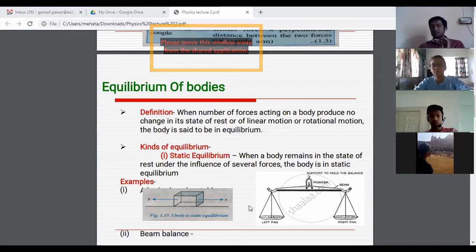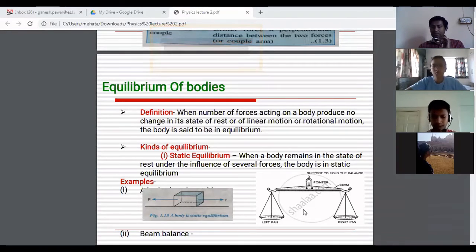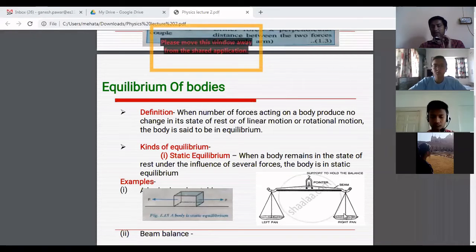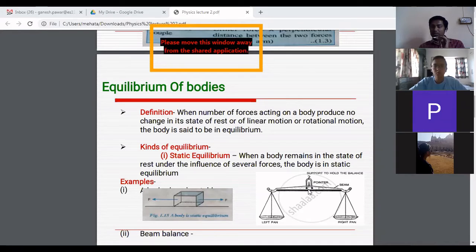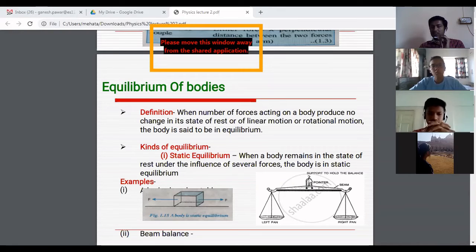Now, second example, the beam balance. Everyone is familiar with the beam balance. You can see the pointer at the center over here, and there are a left pan and a right pan. In this case, can I say that the body is pivoted at one point? The body is pivoted at this point.